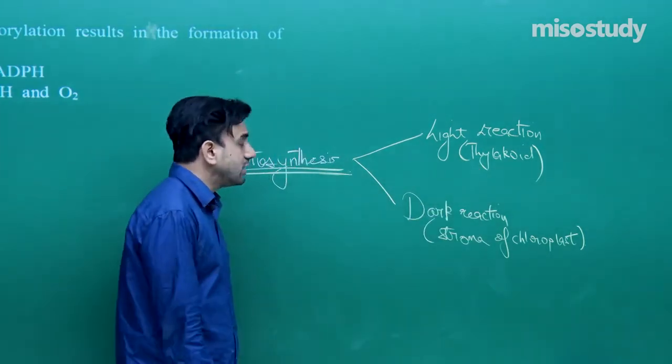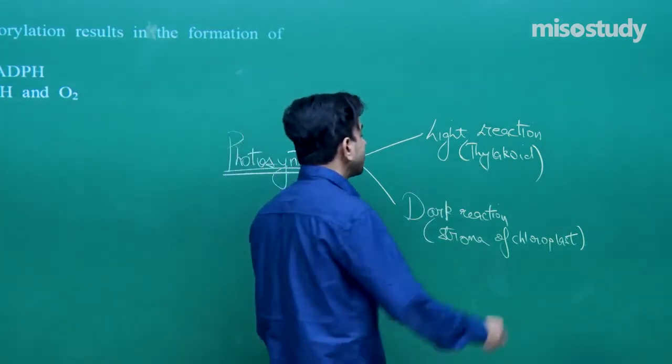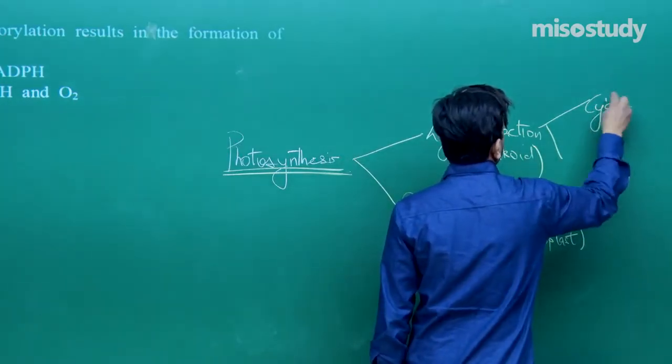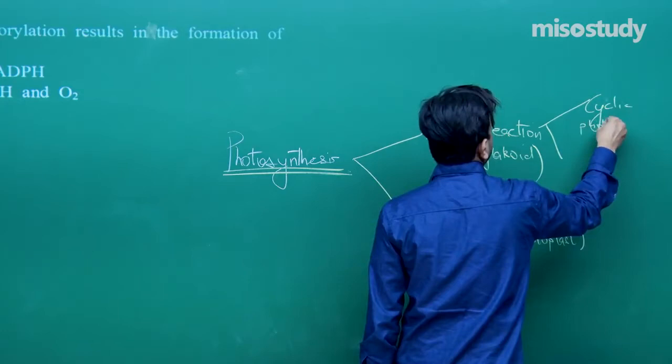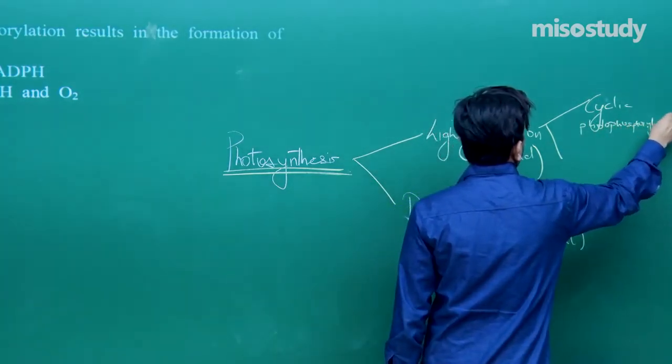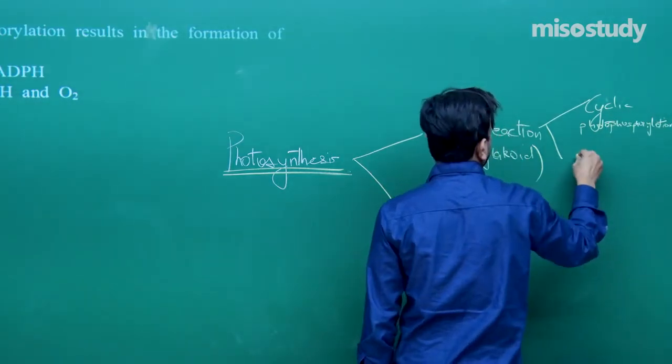Now, when we see the light reaction, we see that this light reaction is further divided into the cyclic photophosphorylation and the non-cyclic photophosphorylation.